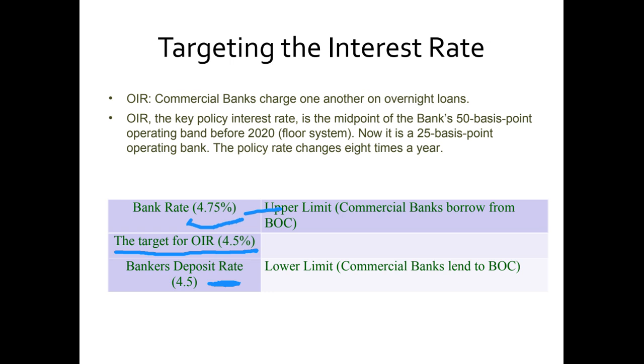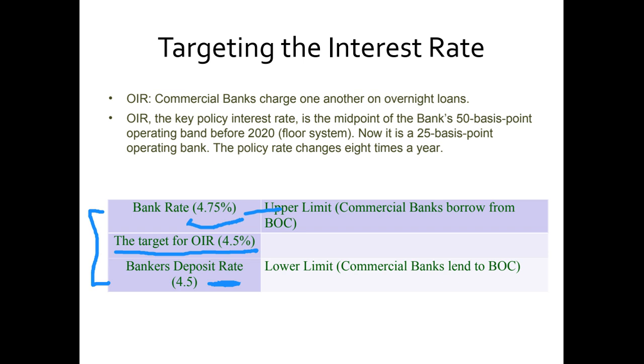But after 2020, we have only a 25 basis point operating band. This is called the operating band. This 0.25 means the bankers' deposit rate must be the same as the policy rate, that is 4.5%.